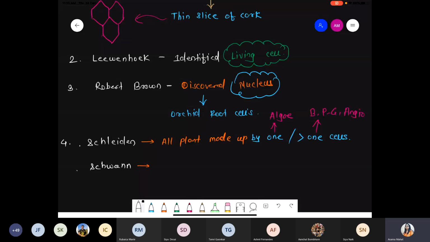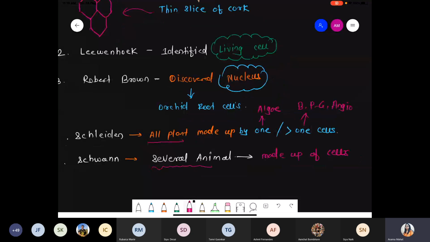Then after a few years, scientist Schwann also explained such a condition. He explained that in several animals, the body is made up of cells. He observed many cells; he is not talking about all. Please remember, Schleiden said all plants, but scientist Schwann explained several animals.